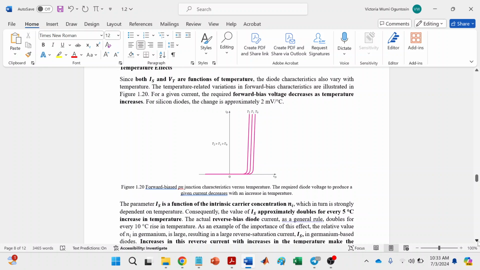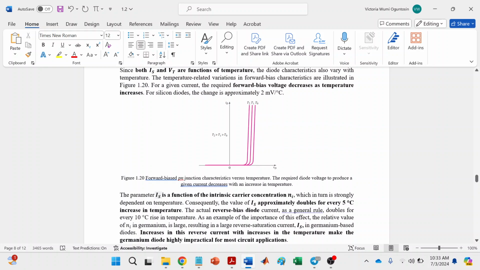We also mentioned that the zero bias saturation current is a function of temperature. Why is it a function of temperature? It's because Is is a function of the intrinsic carrier concentration, and we have seen from the last lecture that the intrinsic carrier concentration is a very strong function of temperature.